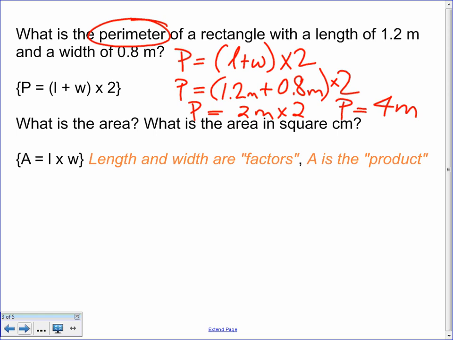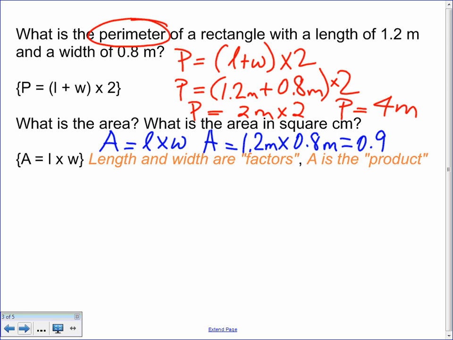What's the area? Remember, area equals length times width. So my area is going to equal 1.2 meters times 0.8 meters, which is 0.96 meters squared.